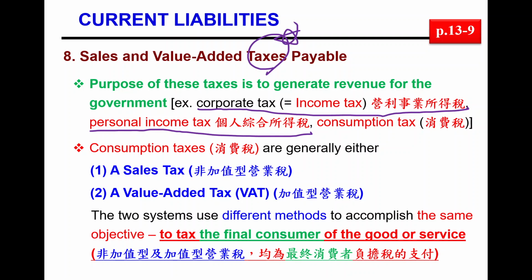So it's the tax paid by the consumer. So in this case, we want to talk about the tax paid by the final consumer. So there's consumption tax, 消费税.